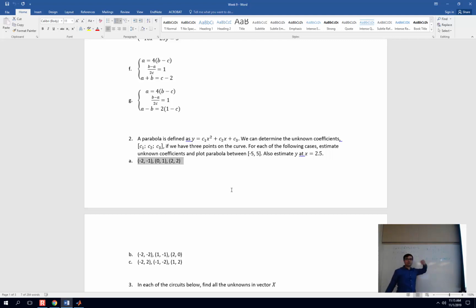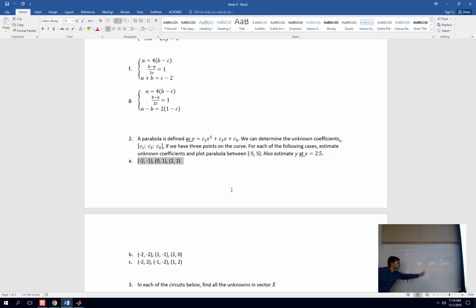X dot squared. So I have negative 2 squared, 0 squared, 2 squared. And then I have x, which is negative 2, 0, and 2. And then I have 1, so that's 1, 1, 1.